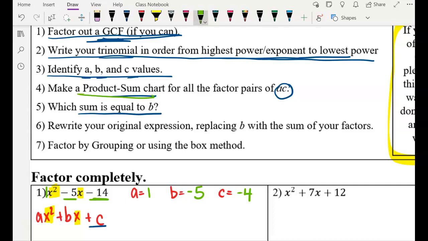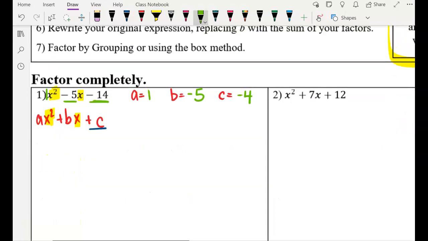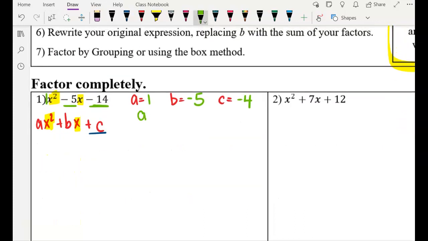Make a product-sum chart for all factor pairs of a times c. So let's look at a times c, which is 1 times -14. 1 times -14 is going to give us -14. So it says, okay, make a product, a times c, okay?